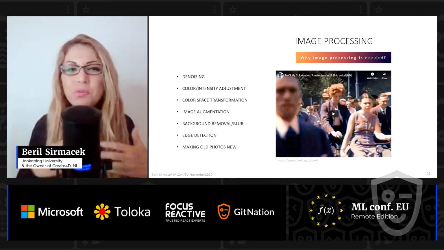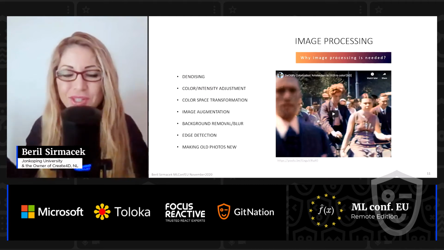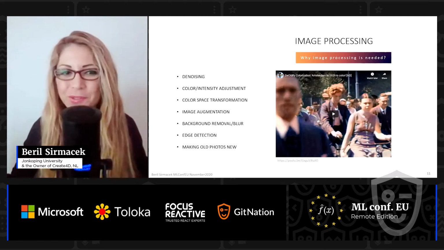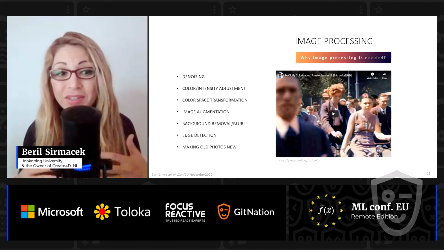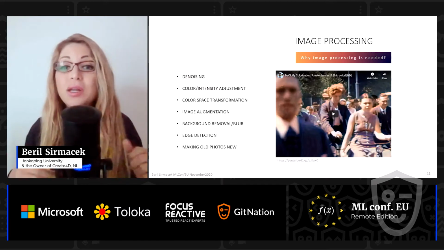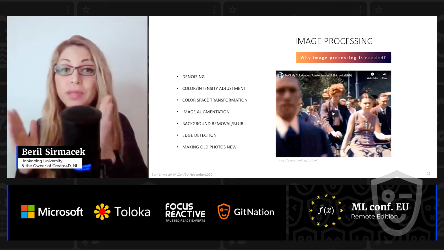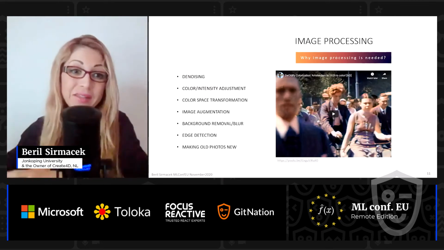Or you can remove the background, like Zoom meetings are doing now when changing the background. This is also an image processing algorithm. You can do edge detection, corner detection, with image processing algorithms, but assume that you've got an image of the edges at the end.